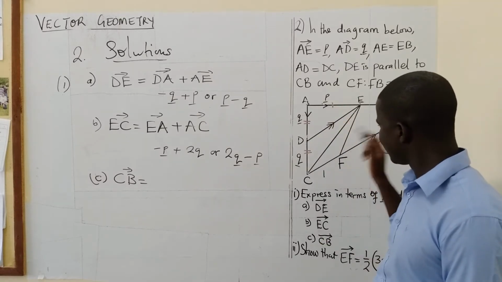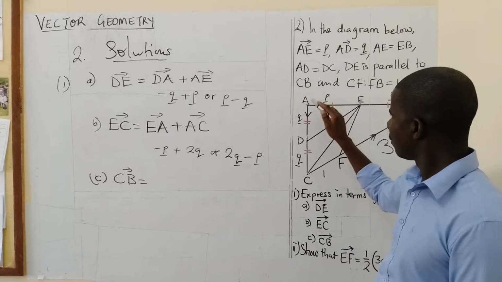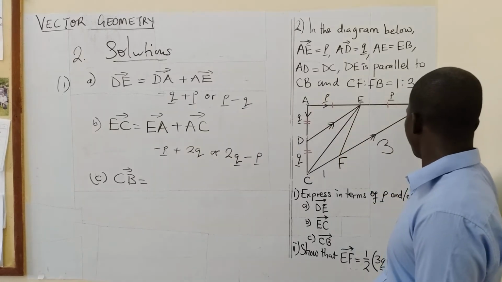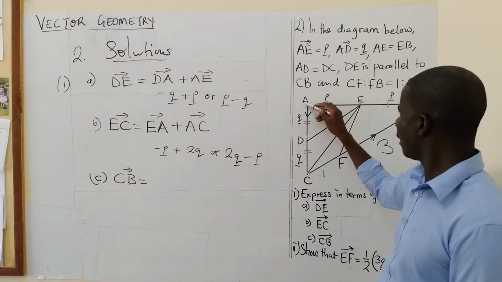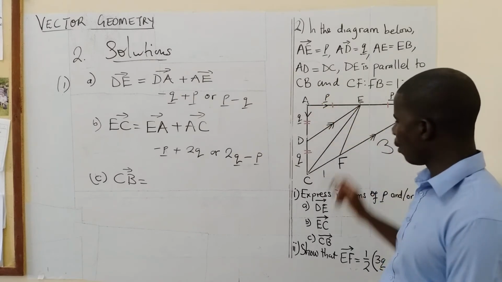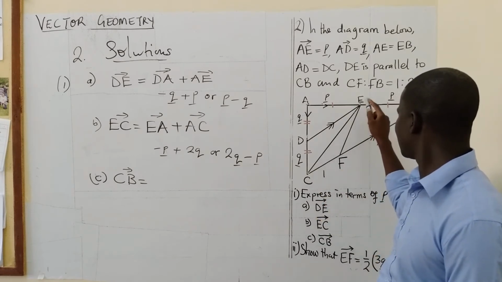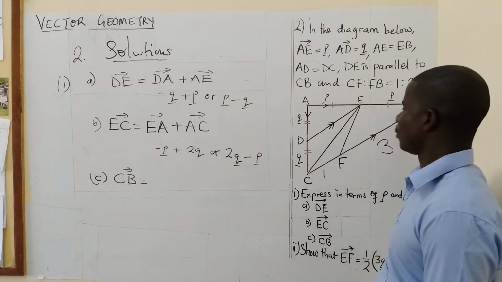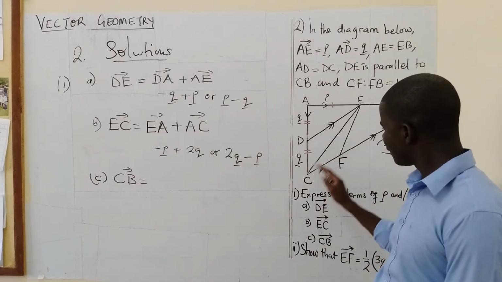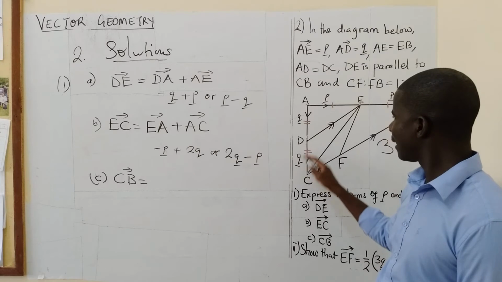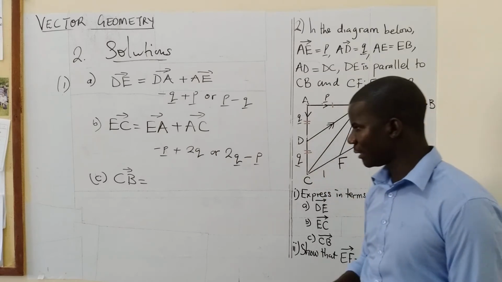In this case, we can take CA plus AB. Or you can say CE plus EB, and you will still get the same answer. You can as well say CD plus DE plus EB.